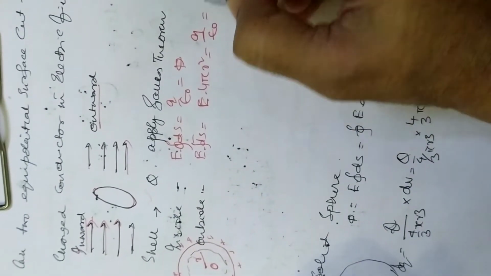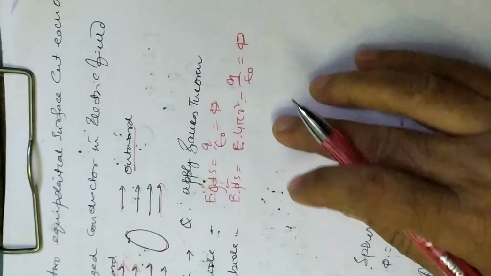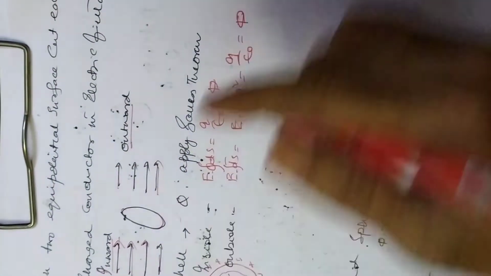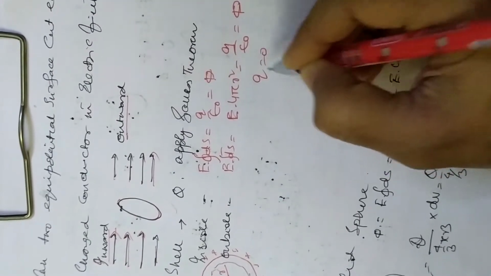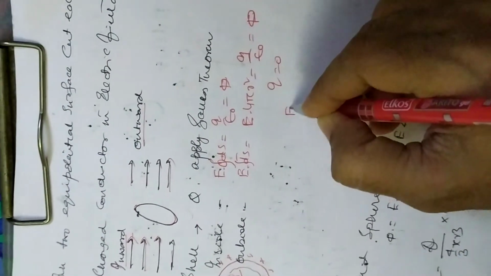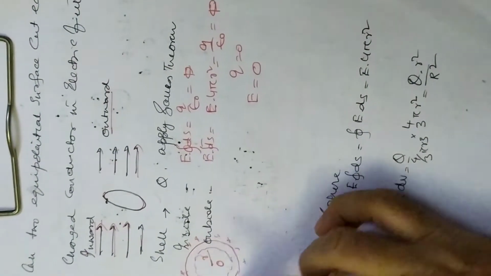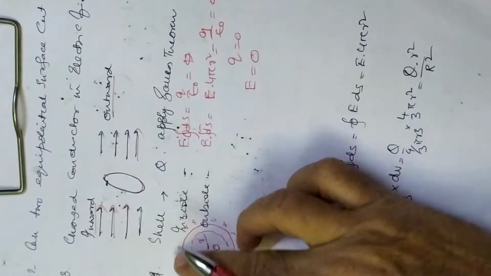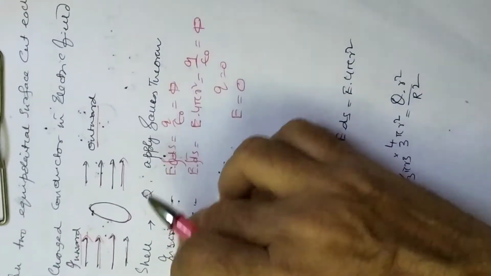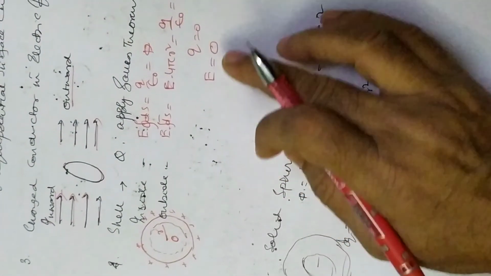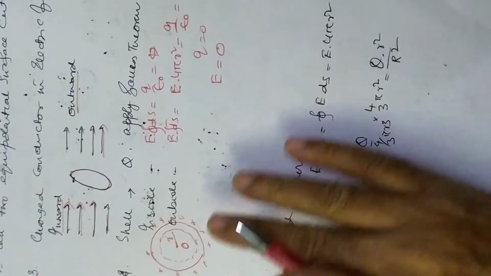Inside this sphere there is no charge, so q is equal to 0. So the electric field inside a hollow sphere, or shell, is 0.